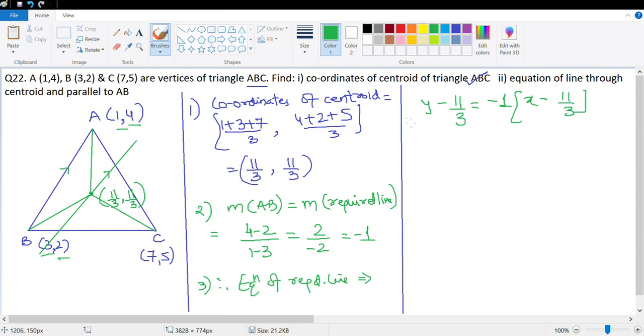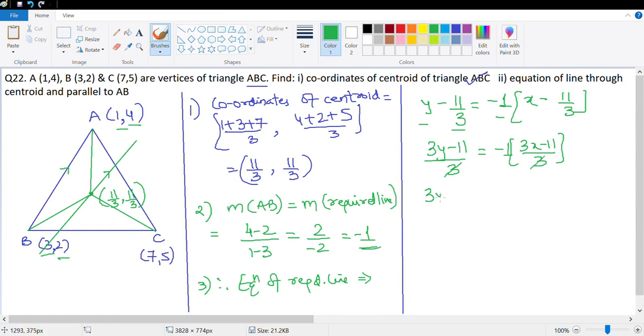So let's reconfirm: y minus y1 equals m, which is -1, times x minus x1. Let's take the LCM. So this is (3y minus 11) upon 3 is equal to negative (3x minus 11) upon 3. Yes, that's correct. This 3 and this 3 get cancelled.